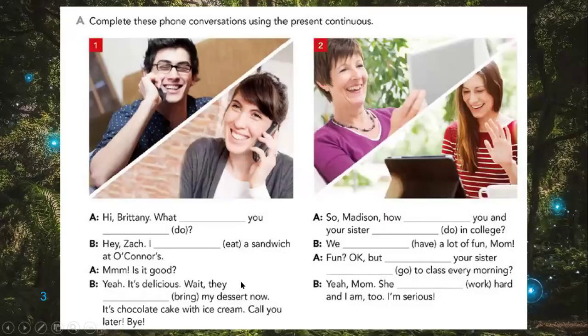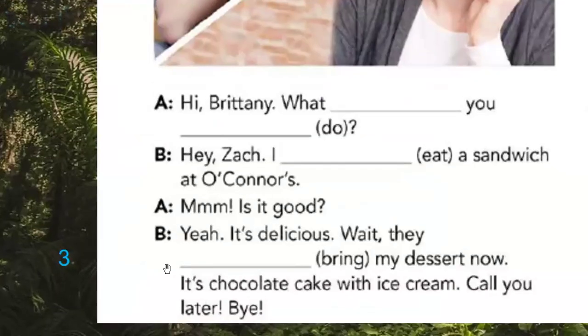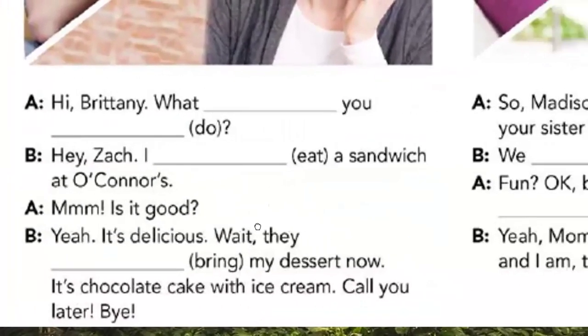I'm going to give you a couple of minutes, maybe 2 minutes, to try to complete this sentence. Try to complete the words that are missing. I think you can do it in 2 minutes.